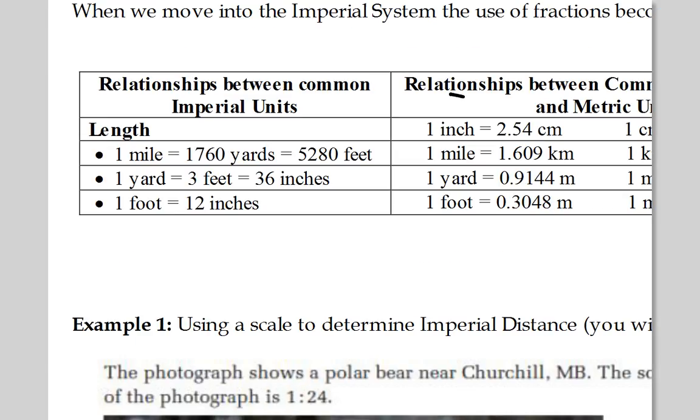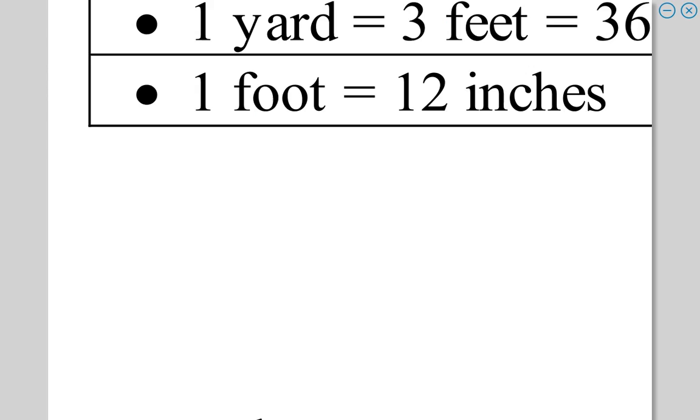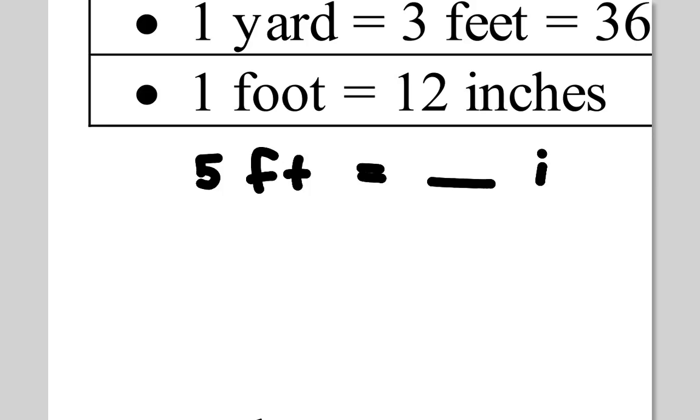It was timesing by 10, dividing by 10. But these ones, like if I want to do conversions between feet and inch, you either times by 12 or you divide by 12. So how much is 5 feet? How many inches is 5 feet? How'd you do that?